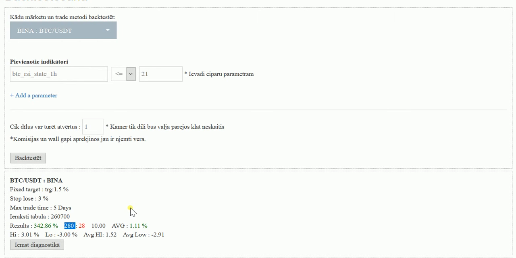So basically, what I'm pointing out is that the price doesn't stay for an hour lower than 21. In most cases it does not. Let's get back to close state and let's try for like 18.